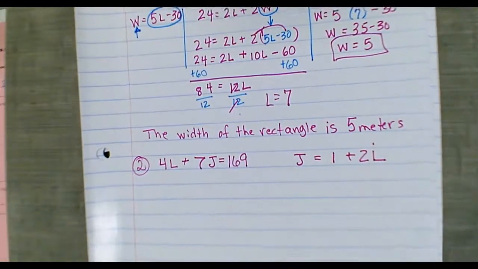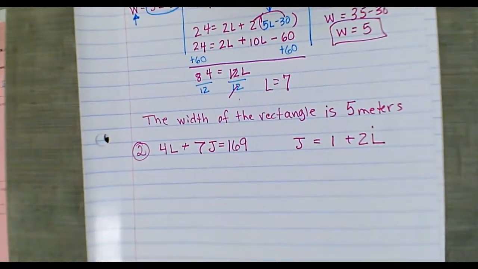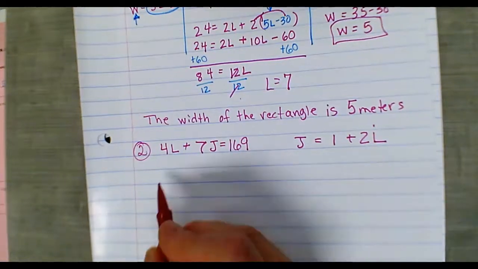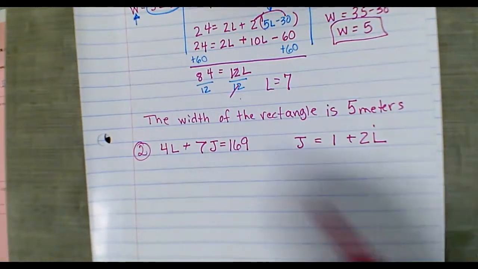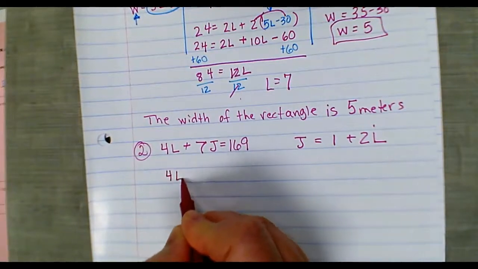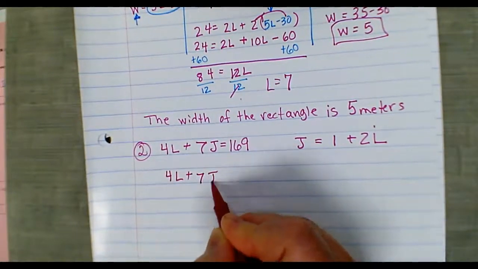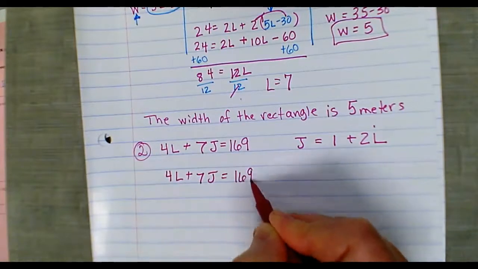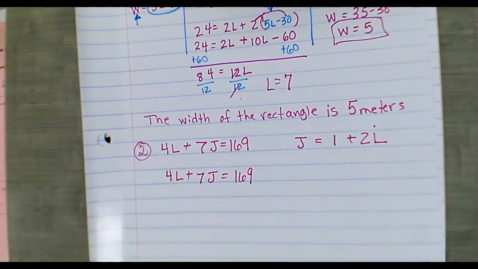Now, this one would probably also be pretty easy to work by substitution, but I'm going to work it by elimination just to show you an example of how you can work a problem by elimination. And if I am going to work a problem by elimination, we usually have it in standard form. We have to have the columns lined up.